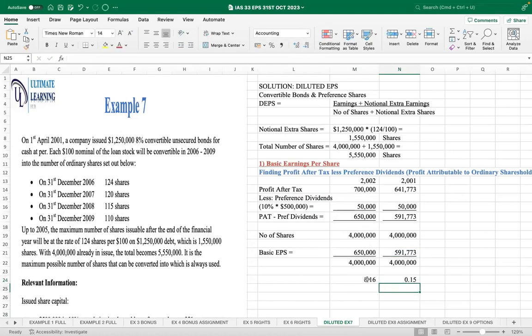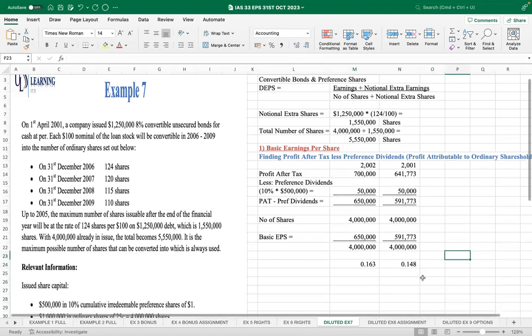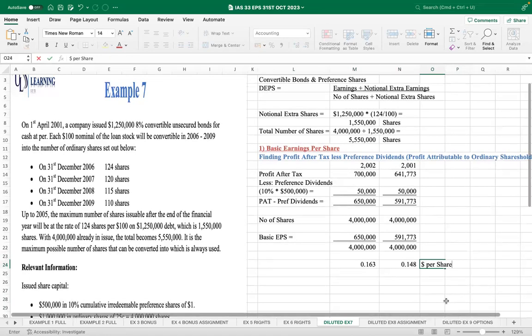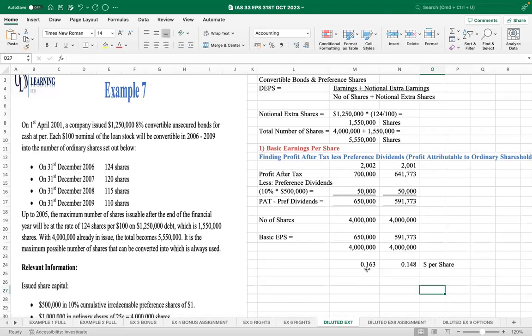So 0.163 and 0.148, or maybe I can even raise it to 3 decimal places. And remember, this is dollars per share. So remember the years.